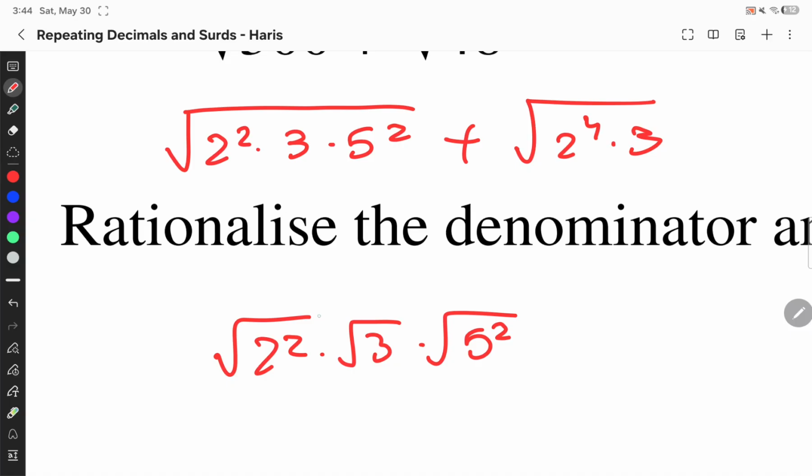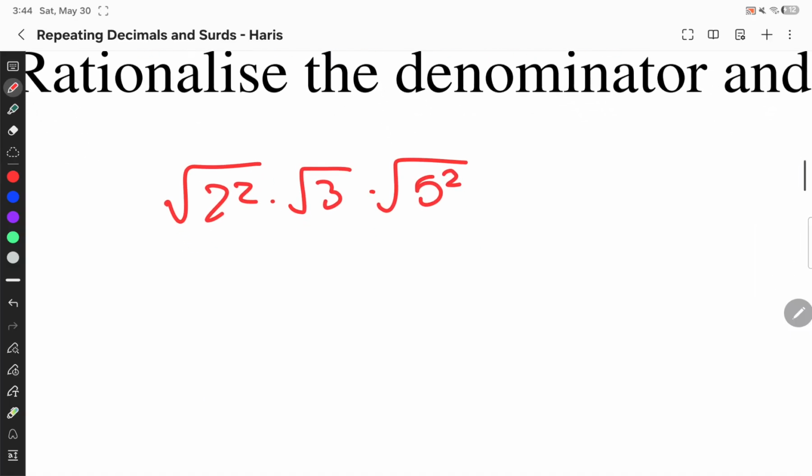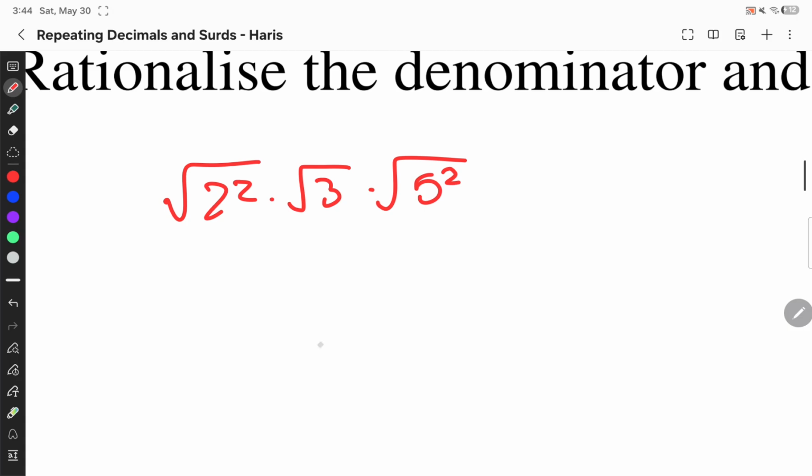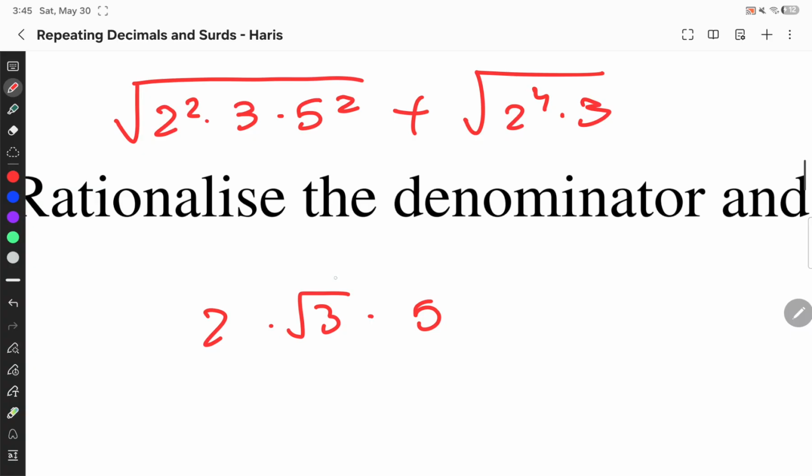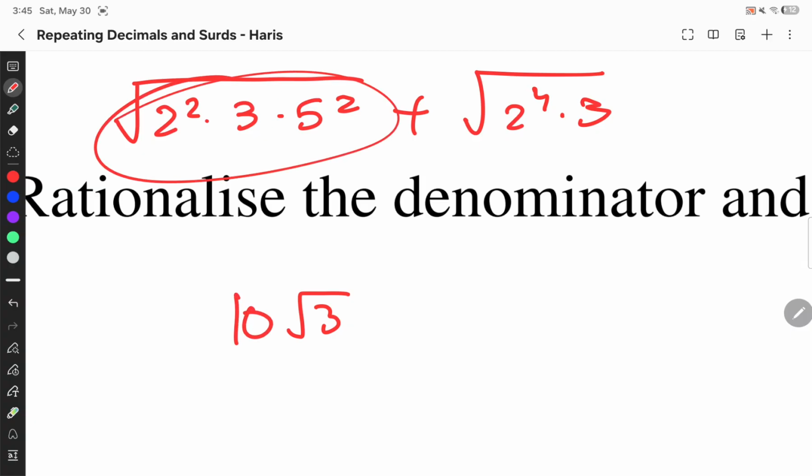What does the half mean? 2 times a half is equal to 1, so these powers get divided by a half. The 3 remains root 3 because this cannot be simplified further. 2 times 5 can be simplified to 10. And so this entire thing becomes 10 root 3.